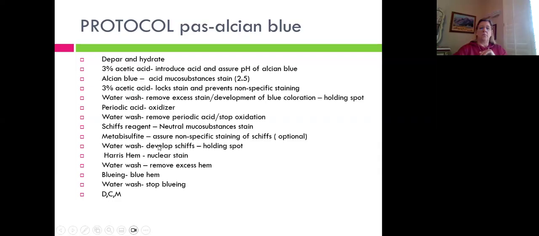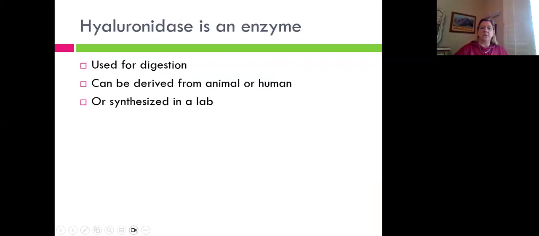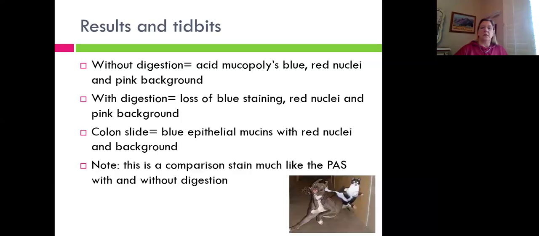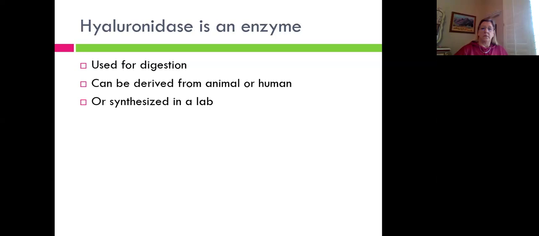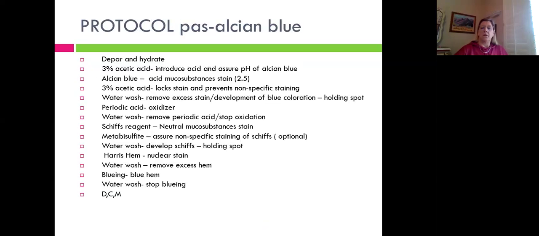Okay. And you can finish it with a DCM, or you can run a PAS reaction and a counter of hematoxylin. So it really depends on your pathologists and what they prefer.